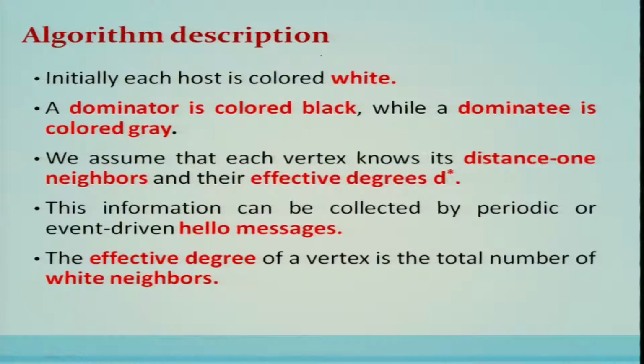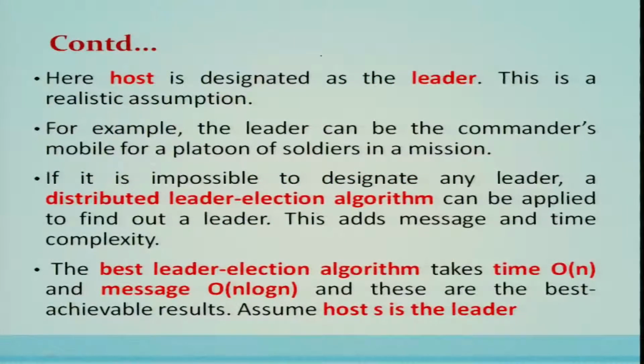We assume that each vertex knows its distance 1 neighbors and their effective degrees. This information can be collected by periodic event driven hello messages. The effective degree of a node is the total number of white neighbors. Here the host is designated as the leader. This is a realistic assumption.